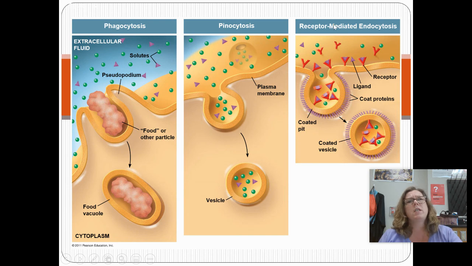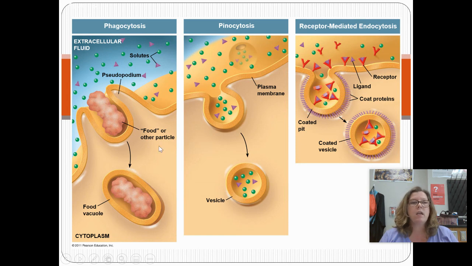And then you have this receptor-mediated endocytosis, where receptors on the surface of the membrane receive molecules, and they all sort of migrate with the shifting phospholipids to a general area where these proteins can actually cause the membrane to pinch off a coated vesicle.